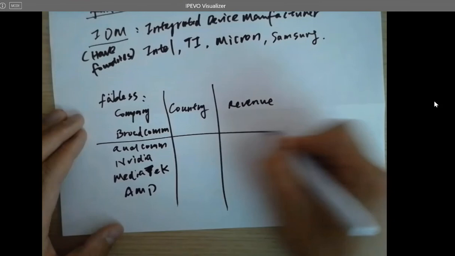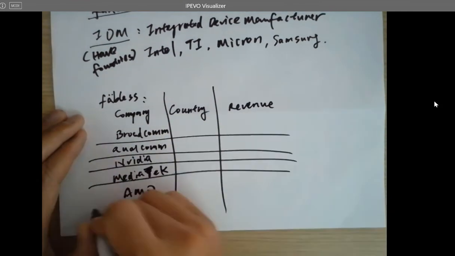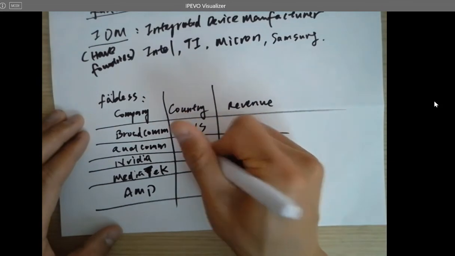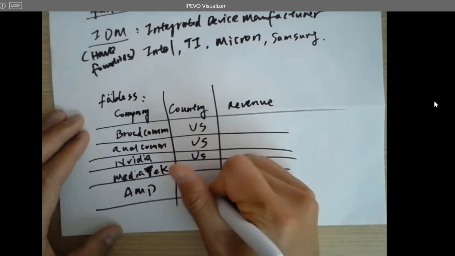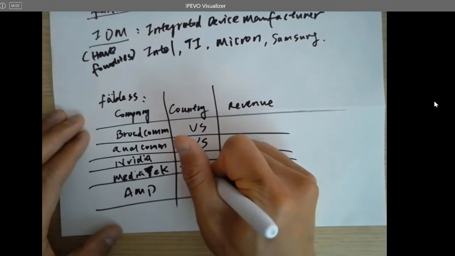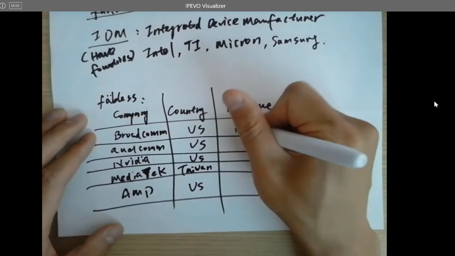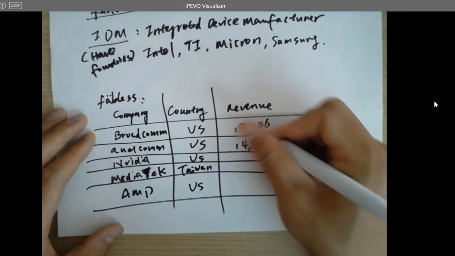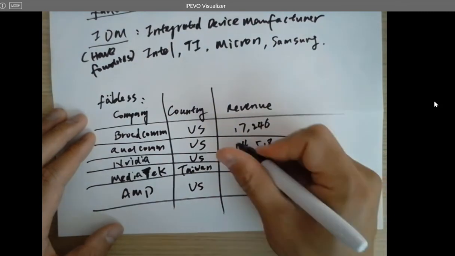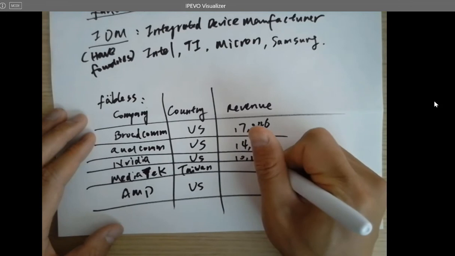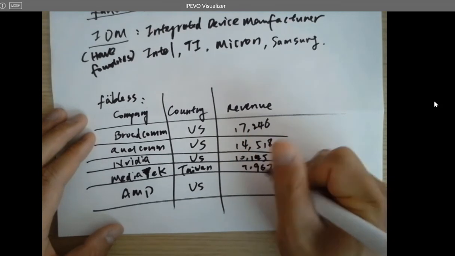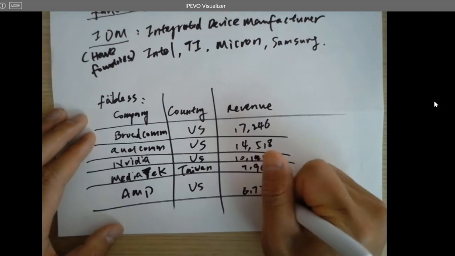Countries: US, US, US, US, Taiwan. And revenue from high to low, I don't know which year, but one of the recent years. Million.